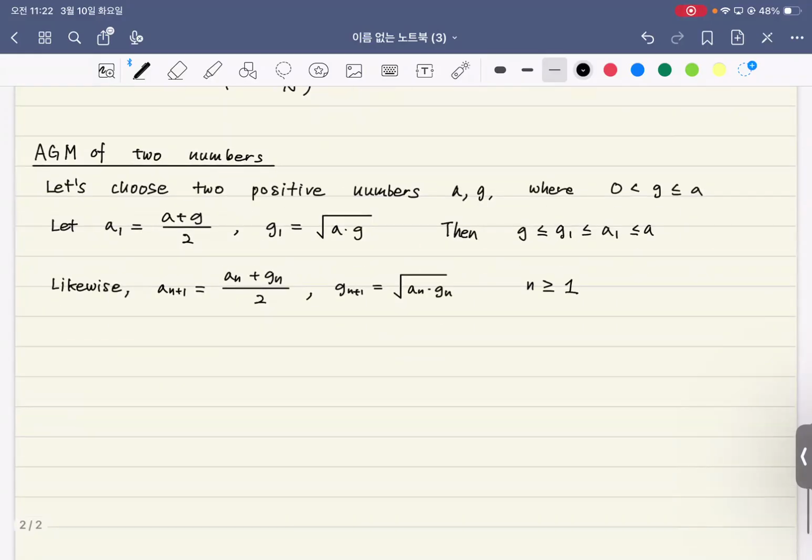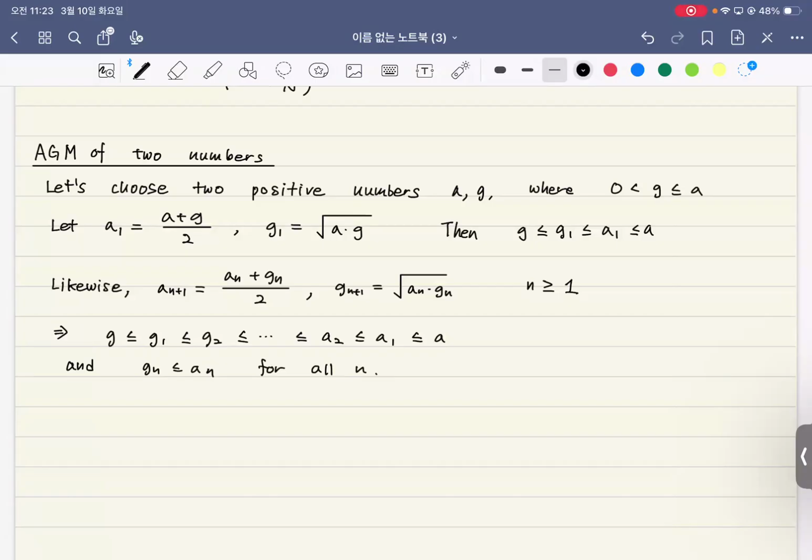Because of the construction, these numbers must follow these inequalities: A2, A1, and A, and Gn is less than An for all n.